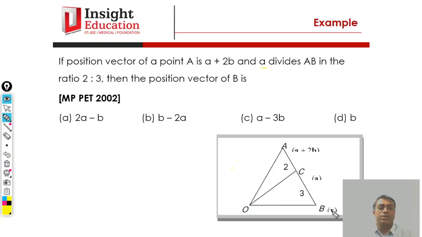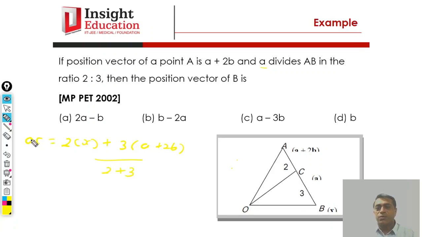So assume the position vector of B is x. Now I can use OC. OC is equal to (2 into x plus 3 into (a plus 2b)) upon (2 plus 3).